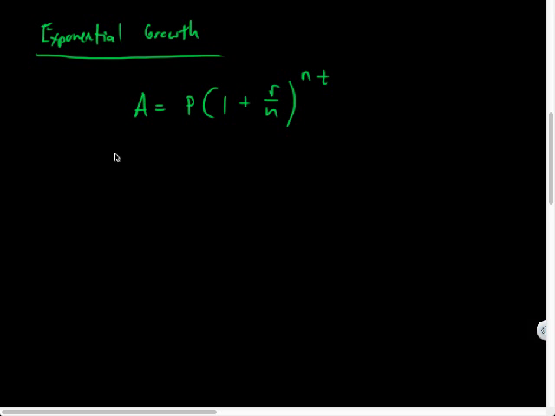I'll define what some of these variables represent. A is the end amount. P is the initial amount. r is the rate as a decimal.